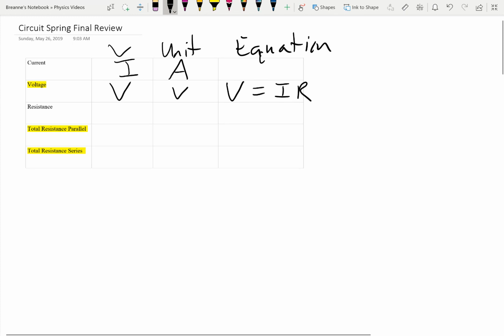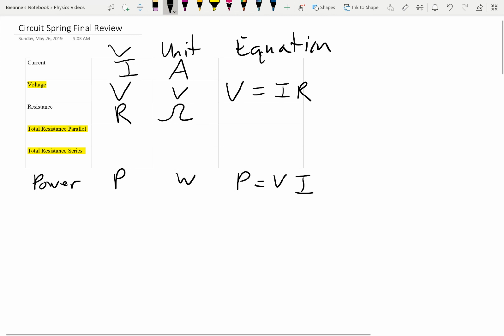You have resistance, which is represented with an R. It's measured in omega, which is your ohms. And there's actually one more I need to add, power. So power is represented with a P and watts, and it does have an equation, P equals V times I.